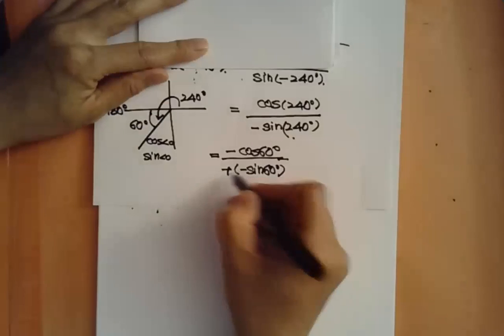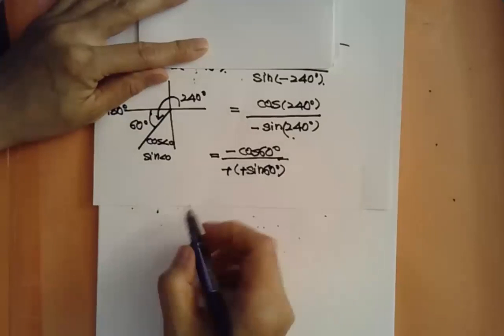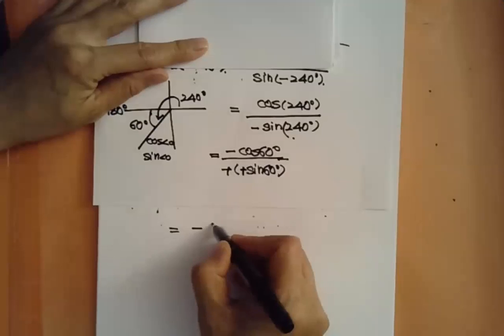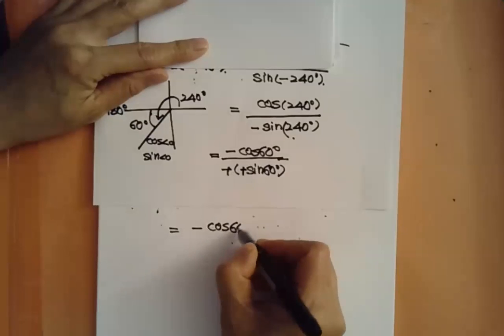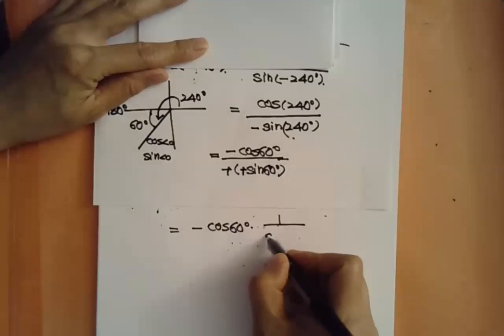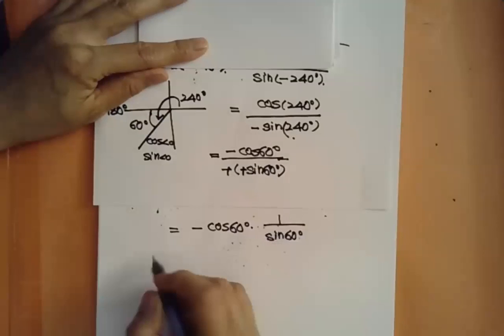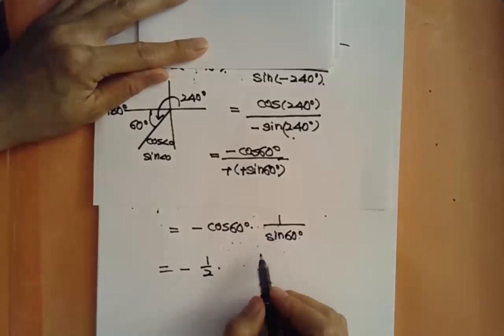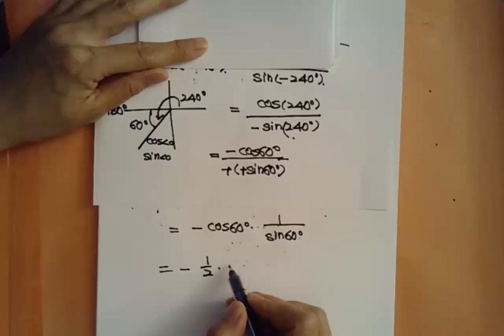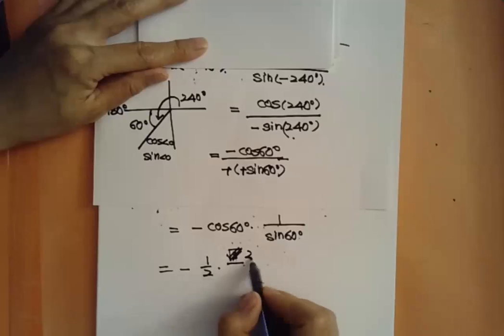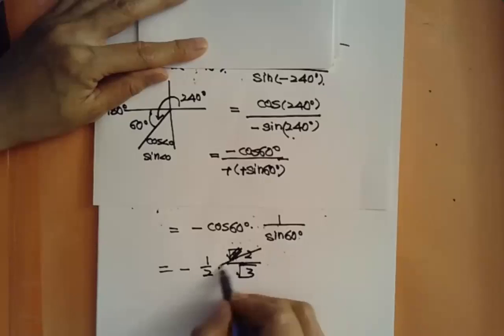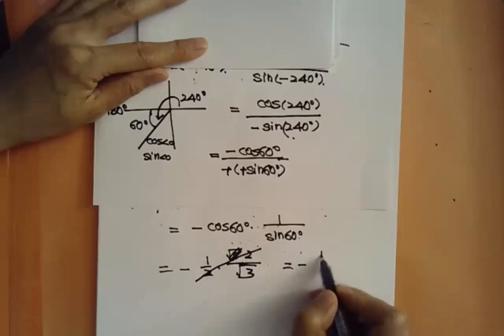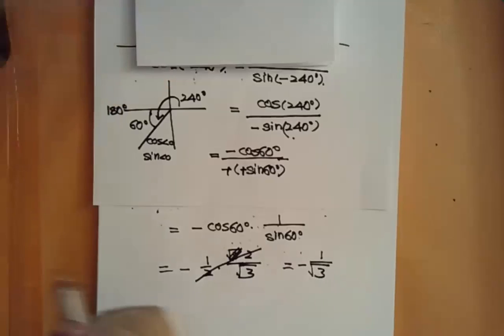So this is minus over minus will be plus, and then that is cosine of 60 degree times 1 over sine of 60 degree. So cosine of 60 degree is 1 over 2, and sine of 60 degree is square root of 3 over 2, but reciprocal will make 2 over square root of 3. So those will cancel each other, and we obtain 1 over square root of 3.